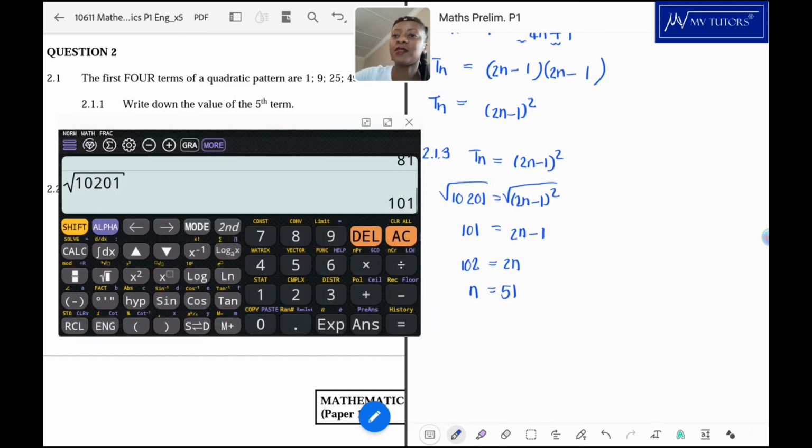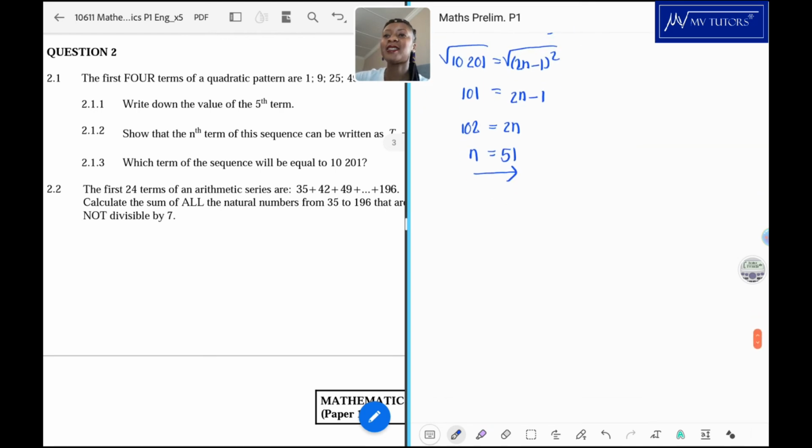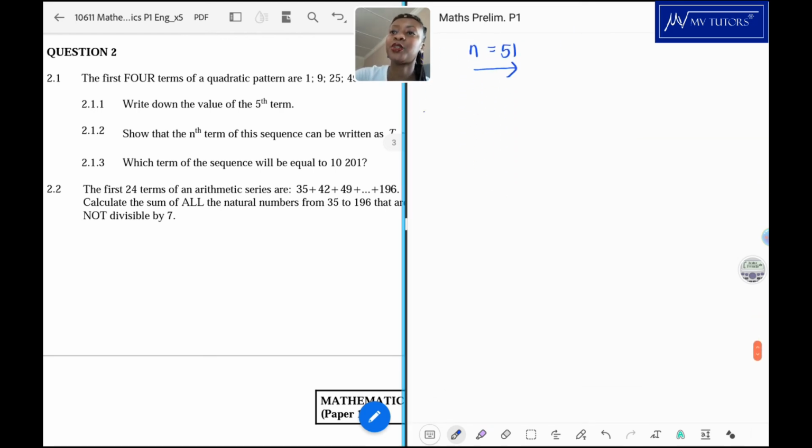I think that is 51, but let's check. Okay, so that divided by 2. Oh, never mind. I'm doing wrong things. 102 divided by 2, yes, it's 51. Okay, so yes, on term number 51, we're going to get 10,201. Alrighty, so let us go to question 2.2.